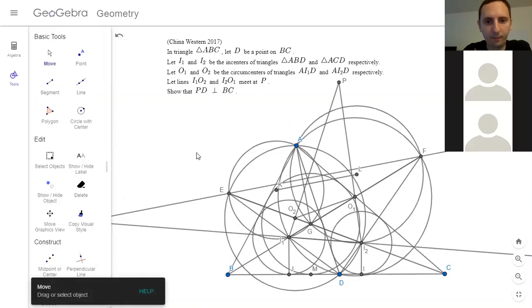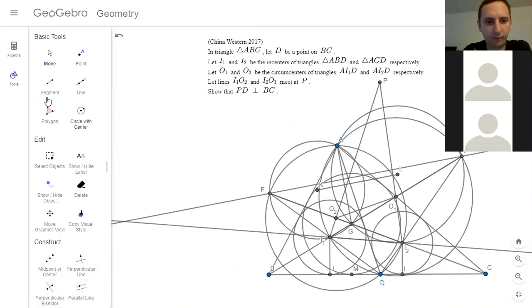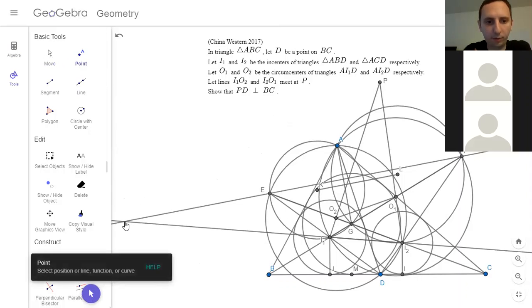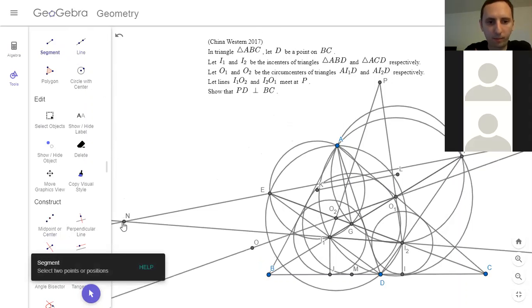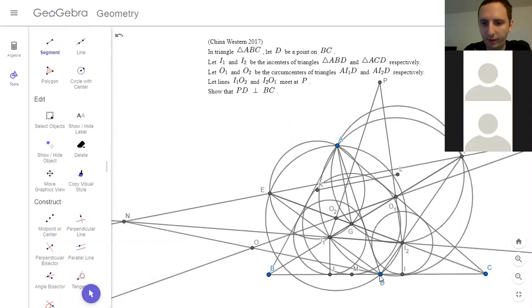Basically we're saying that O1O2 passes through the midpoint. If we draw the midpoint of N and B, we're saying O1O2 passes through that. Yeah, it's adding a lot to the figure though. That's the thing.